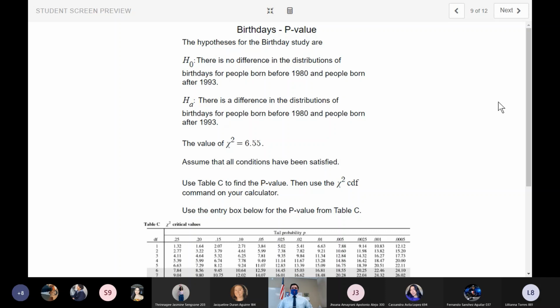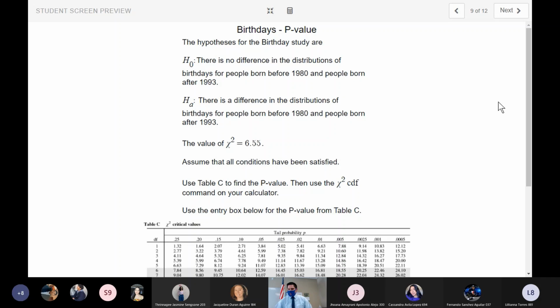We found the chi-squared statistic was 6.55. We're going to assume that all conditions have been satisfied: random, 10%, large counts, which they have. We're going to use table C to find the p-value, and then we're going to use the chi-squared CDF, or alternatively, if you already did the chi-squared test and you have the p-value, that's fine as well.